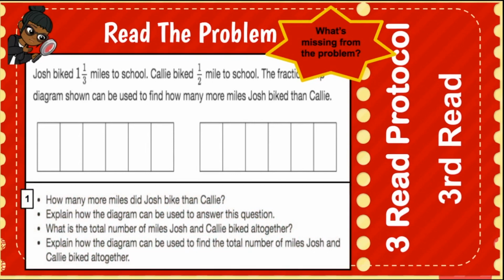How many more miles did Josh bike than Callie? Explain how the diagram can be used to answer this question. And 2. What is the total number of miles Josh and Callie biked altogether? Explain how the diagram can be used to find the total number of miles Josh and Callie biked altogether.